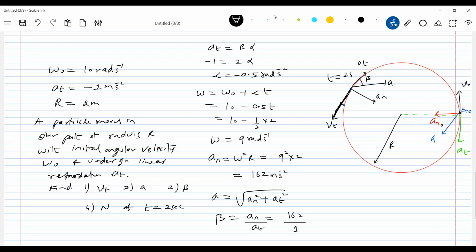Don't write the minus sign. And don't show A normal opposite.